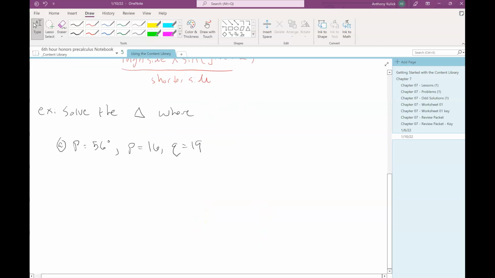Okay, so let's say we want to solve the triangle where angle P is 56 degrees, side P is 16, and side Q is 19.